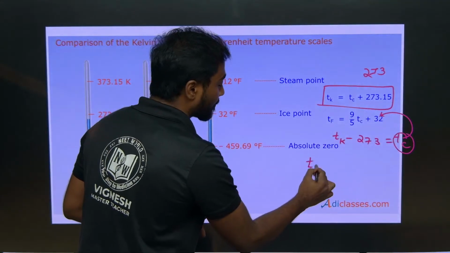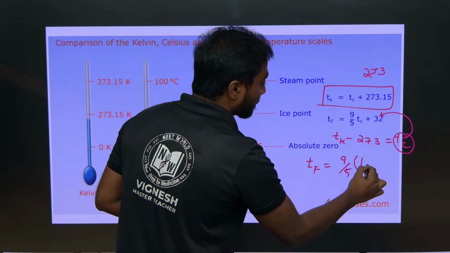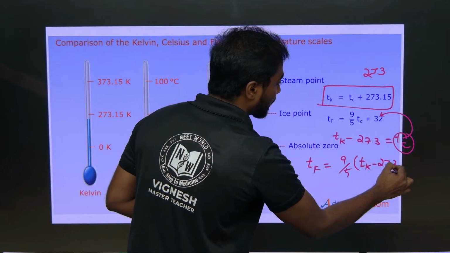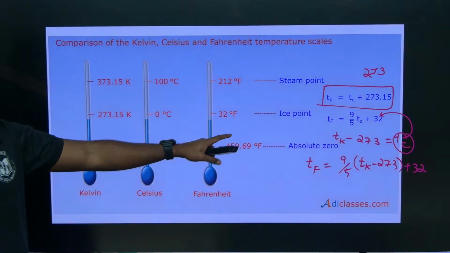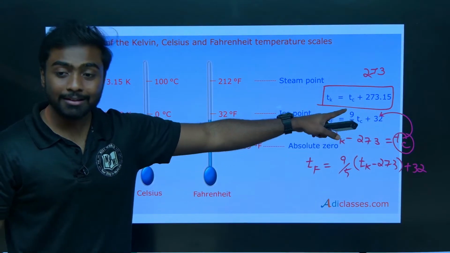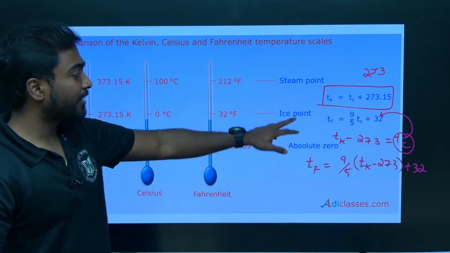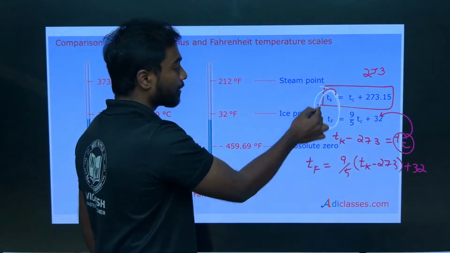Which is nothing but temperature in Fahrenheit equals 9/5 times temperature in Kelvin minus 273, plus 32. So this is the relation between Kelvin and Celsius, and Fahrenheit and Celsius. If they are asking for the relation between these two, we can get it.